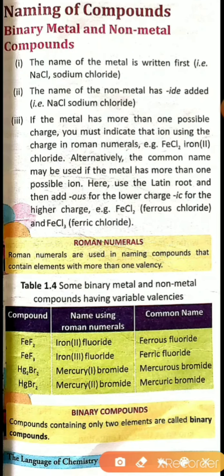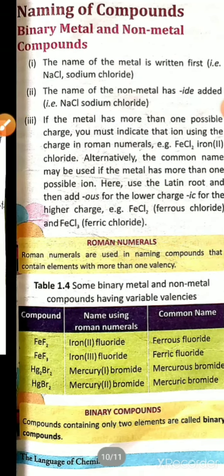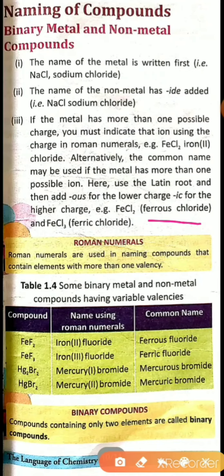So, for the lower charge, you will add the suffix OUS, and for the higher charge, you will add IC. Let's see the example. That is ferrous chloride.